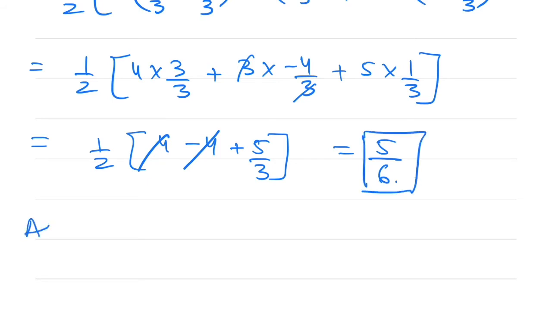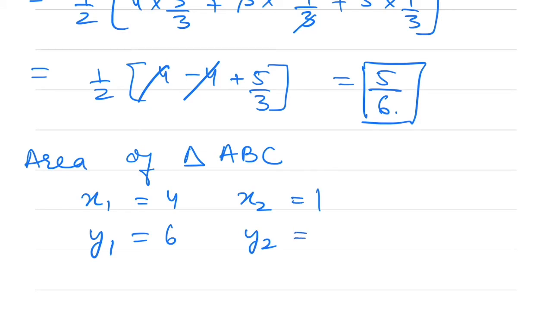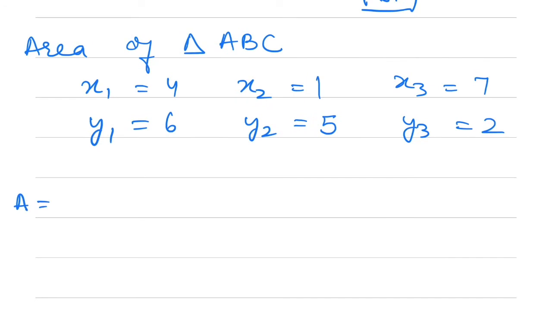We have to find the area of triangle ABC also, to compare. So now here x1, y1 is equal to 4 and 6, x2, y2 is equal to 1 and 5, and x3, y3 is equal to 7 and 2. Area of the triangle, so let's substitute.